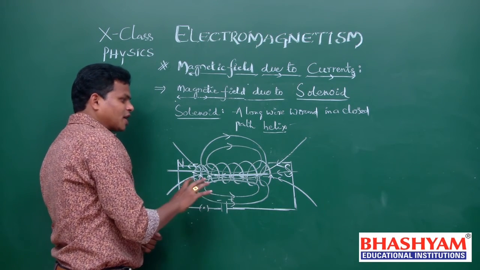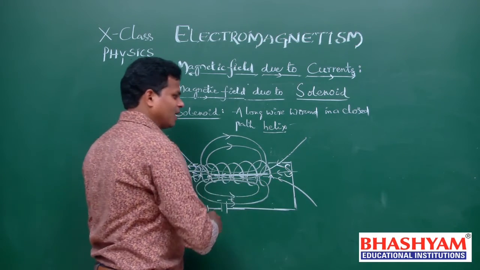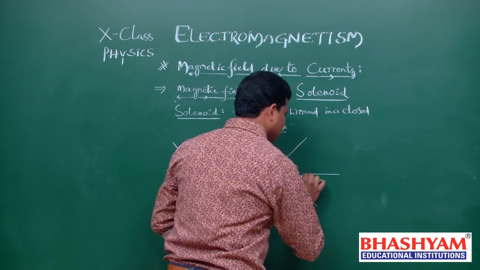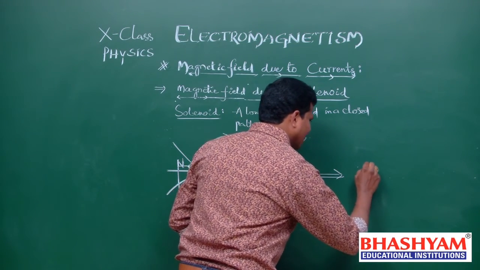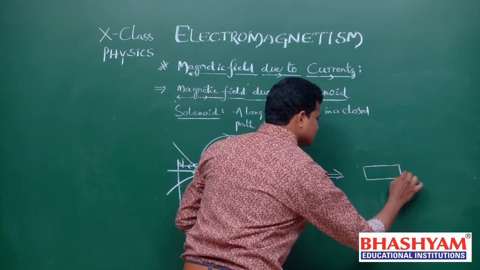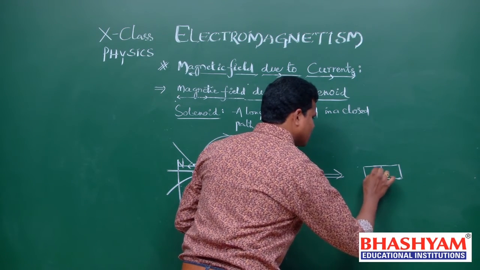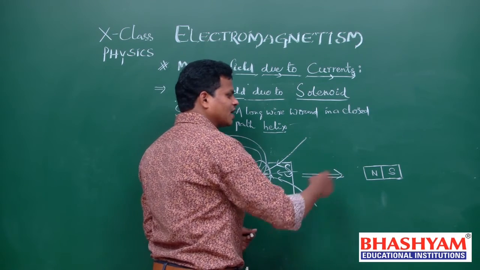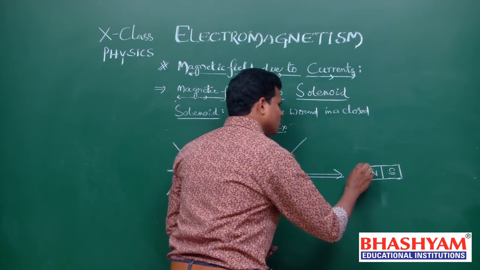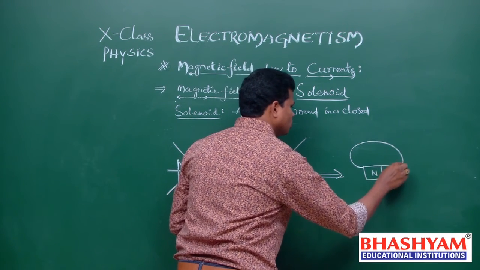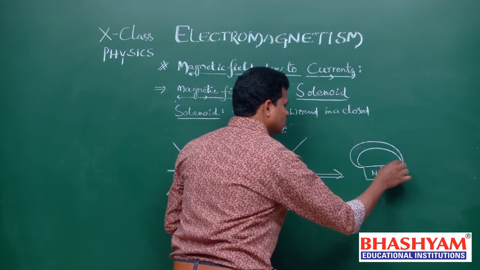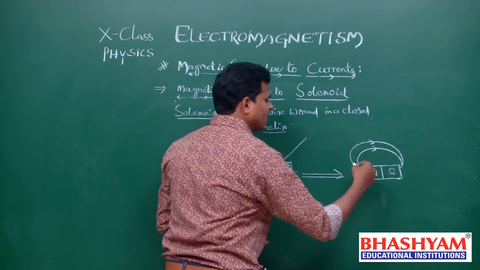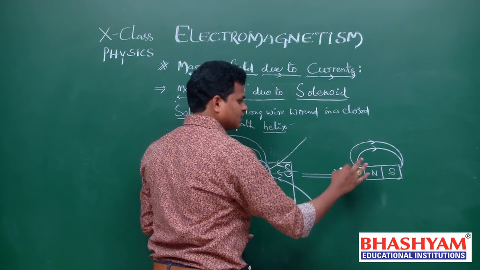This situation is compared to the bar magnet. This is the bar magnet. This is the north pole, south pole. Outside the bar magnet, the field lines go from north pole to south pole. This is the direction of field lines for the bar magnet outside.